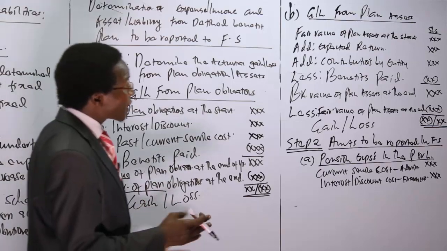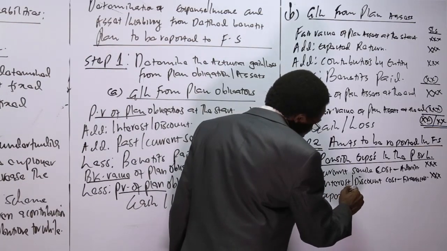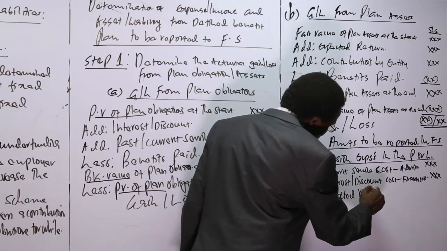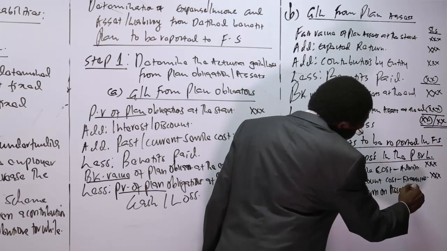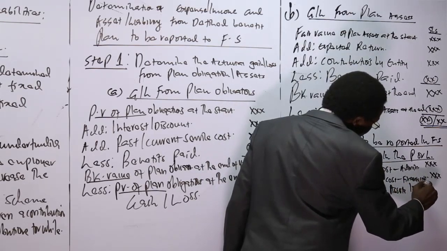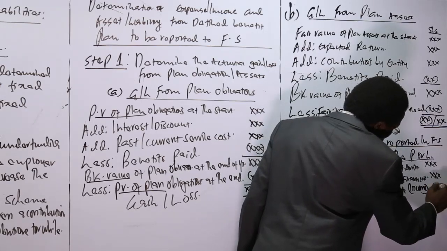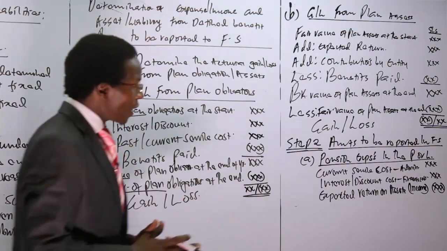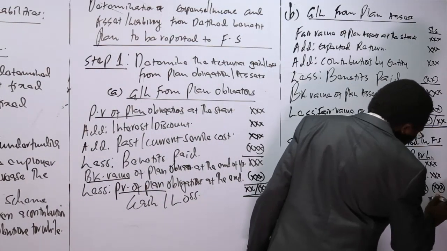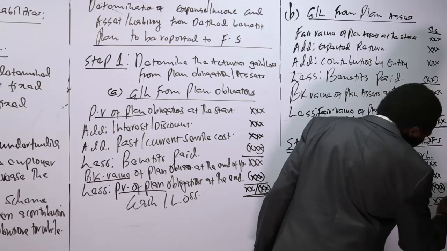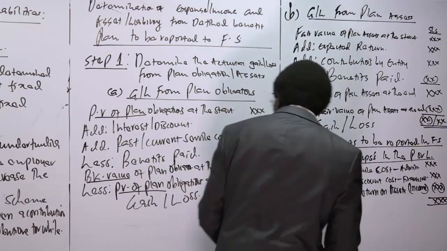Then we also have expected return on assets. Remember, this is an income. So if you are to get the net, that is okay, that will be an income.